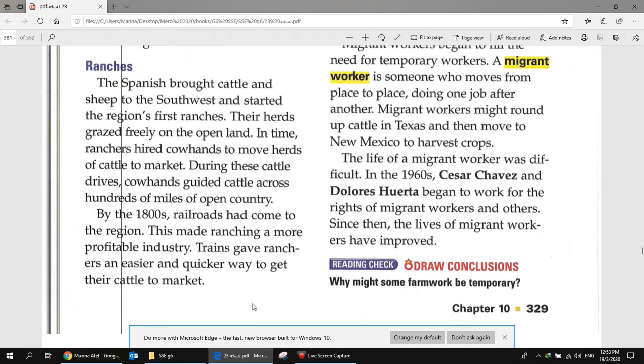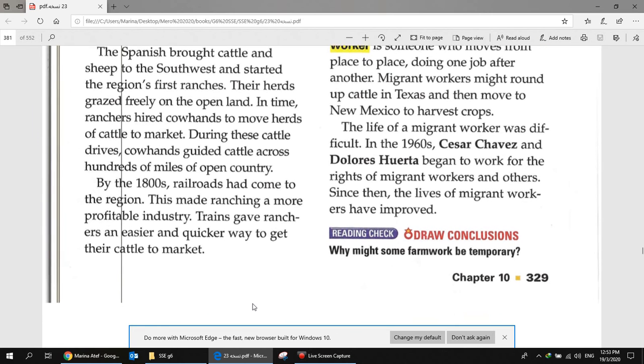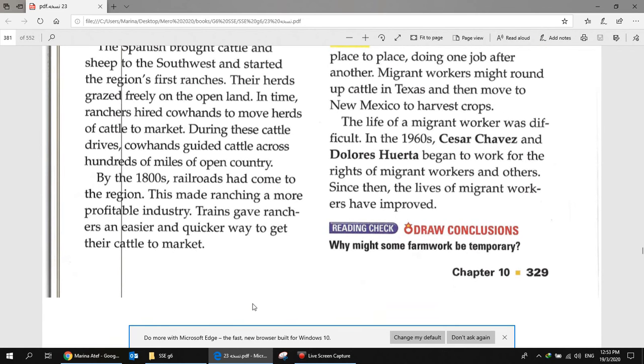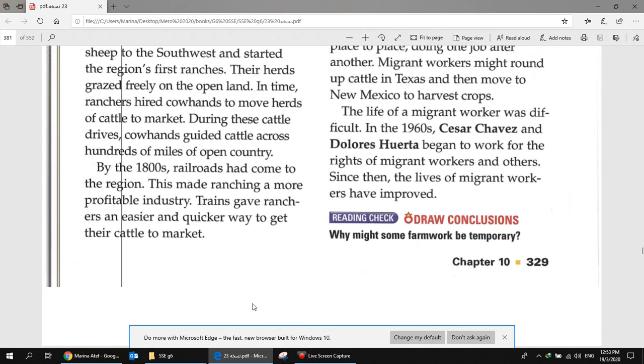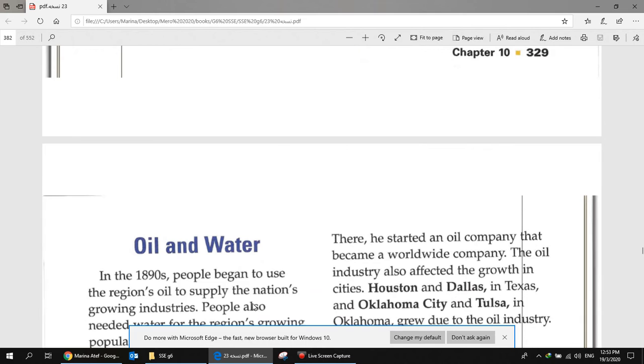The lives of migrant workers have improved thanks to these 2 names. So please write these 2 names in your copybook. Okay, the question can be, who worked to get the rights for the migrant workers?